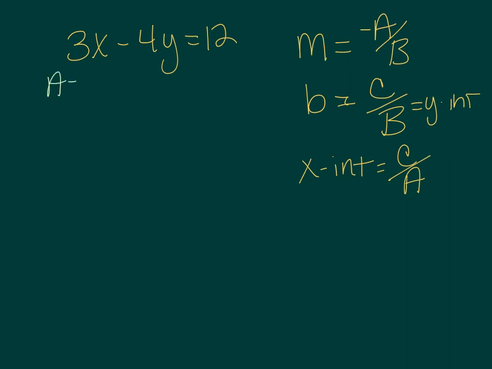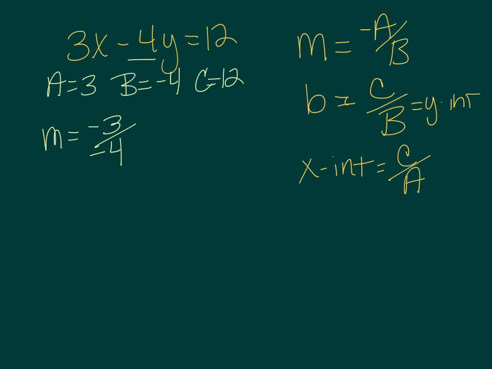So A is equal to positive 3, B is equal to negative 4, and C is equal to 12. And so when I want to find my slope, I have negative A, which would be negative 3, divided by B, which is negative 4. You always take the sign of the B value as well, which would be 3/4.